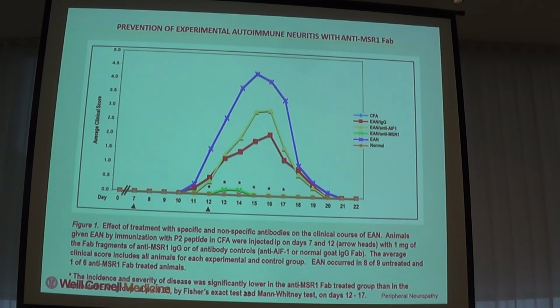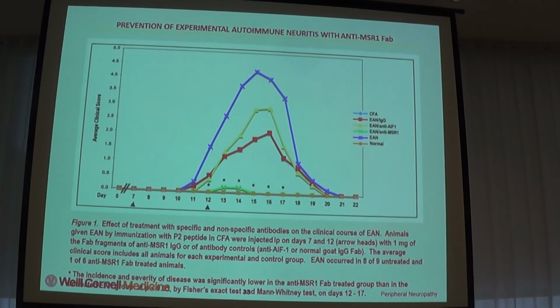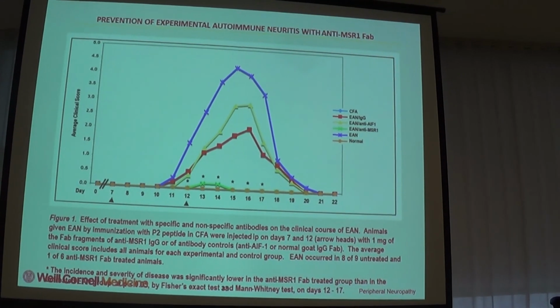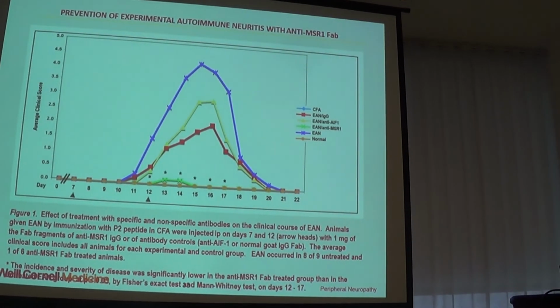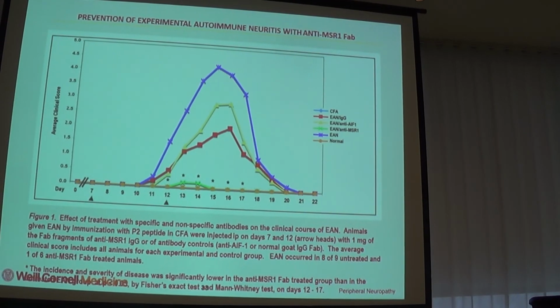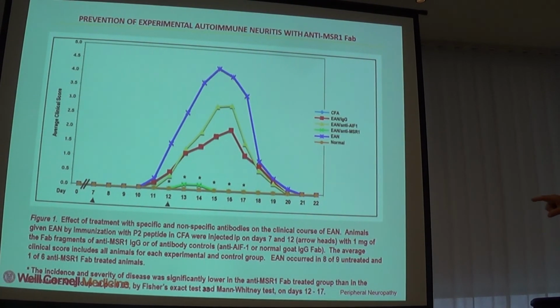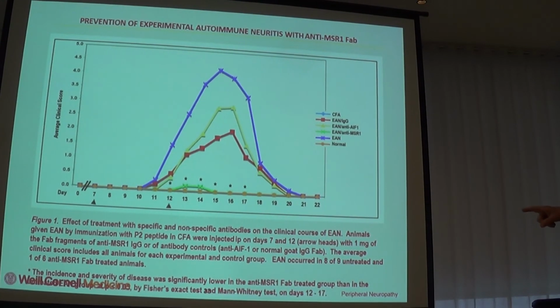So this is a disease score of severity of the neuropathy, and you can see in blue, neuropathy starts around day 10, peaks day 15, and then kind of improves spontaneously. And then if we treat them with this antibody against this macrophage receptor, the neuropathy is attenuated. You could see that green line on the bottom, so that's the clinical score.